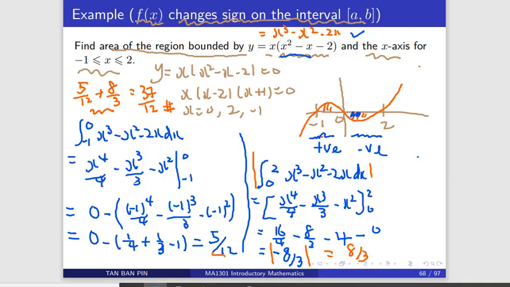So when f(x) changes sign in the interval you are looking at, a to b, in this case from minus 1 to 2, then you have to consider two regions, since there is one region above the x-axis and one region below the x-axis.